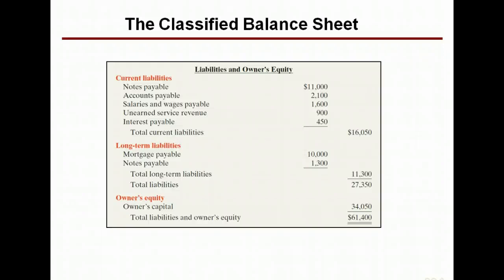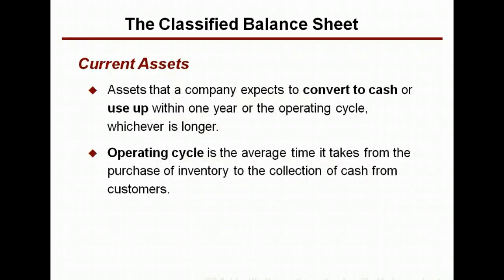Then we have mortgage payable and notes payable. And owner's capital, again coming in at $61,400. So short-term liabilities are what's separated from long-term liabilities.